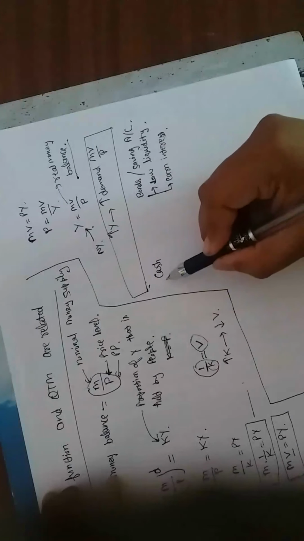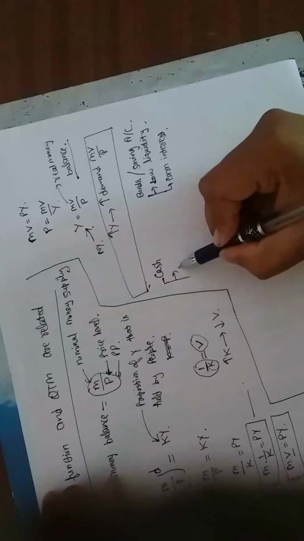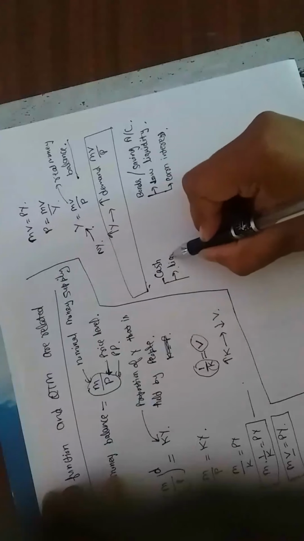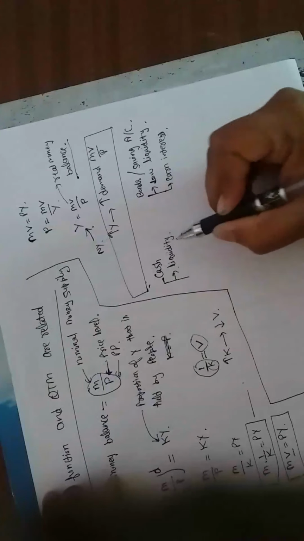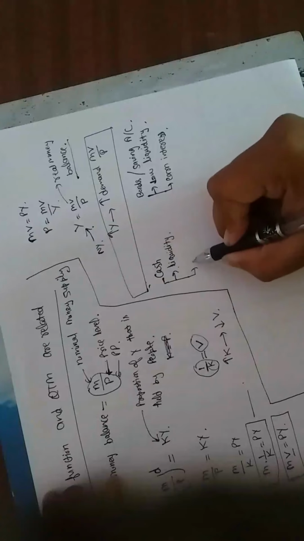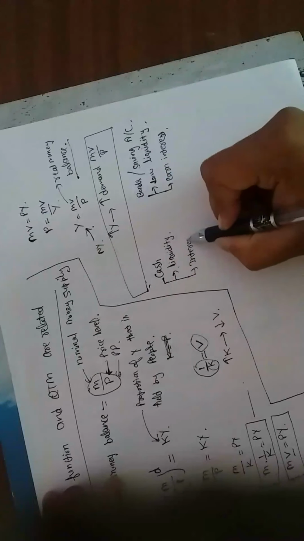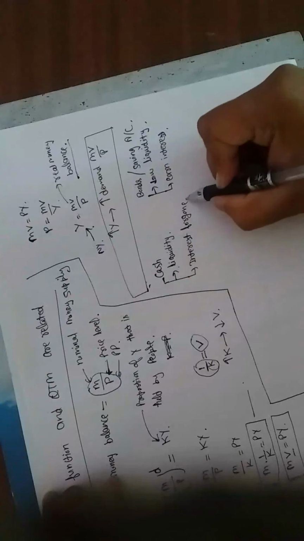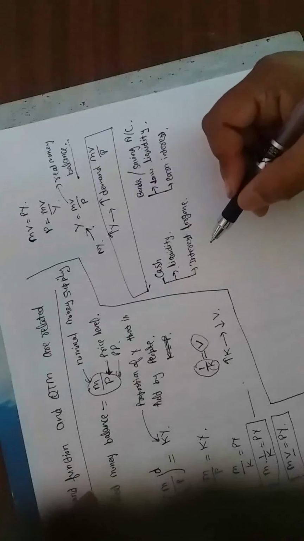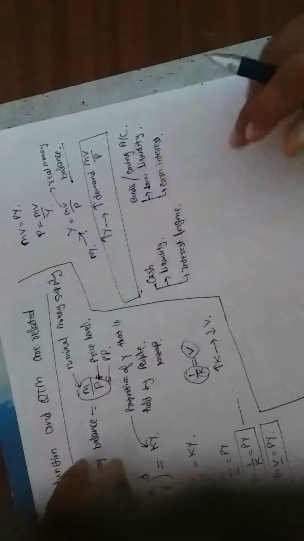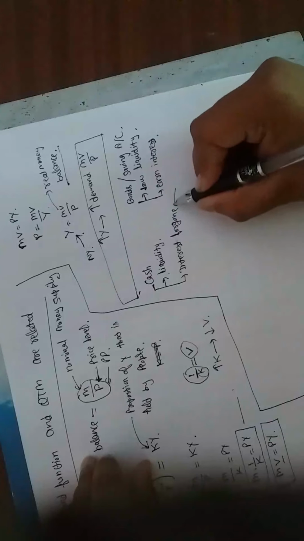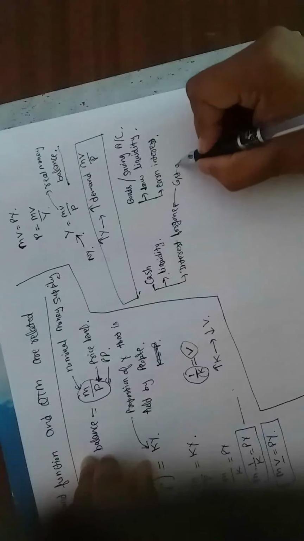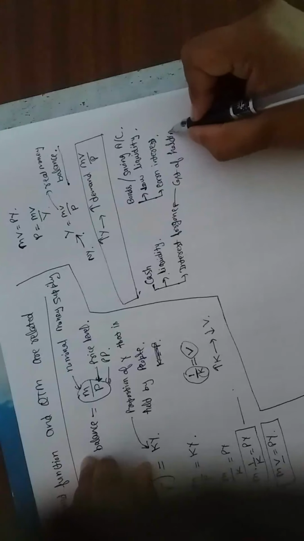But if we hold money in form of cash, then there is more liquidity, but there is interest foregone. If we hold money in form of cash, we can't earn interest. This is called cost of holding.